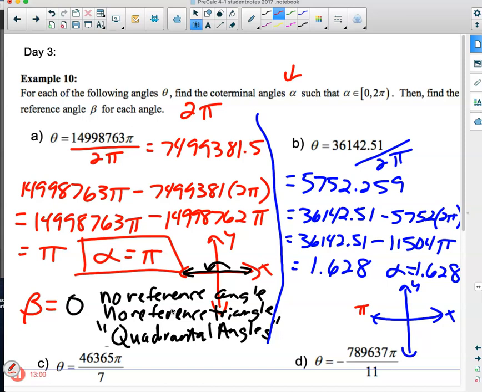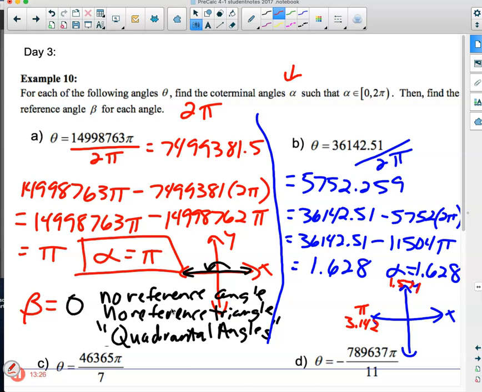So you think, well, I know pi is 3.142 to 3 decimal places. I wonder where 1.628 would land. Well, if we divide this by 2, we'll have a better idea. So on our calculators, we can punch in pi divided by 2, and we get to 3 decimal places, 1.571.